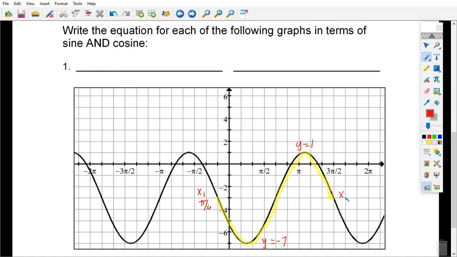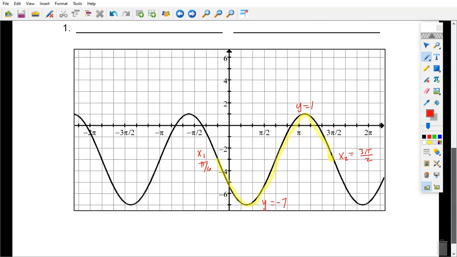And our x2 is going to equal 3 pi over 2. Are there any questions about all the things I've highlighted up here so far? Where you start, where you end, and your max and min values. Cool? Then we're going to now do some math.